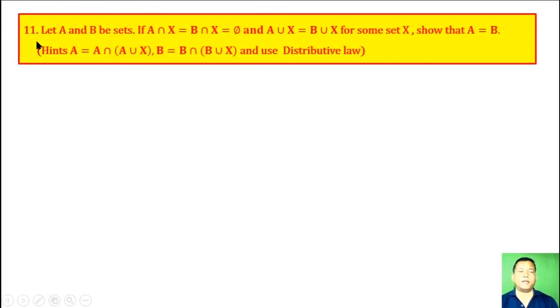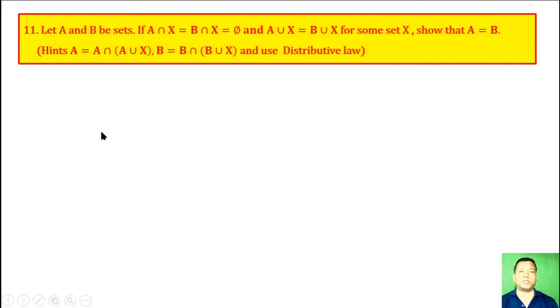Question number 11. Let A and B be sets. If A intersection X equals B intersection X equals phi, and A union X equals B union X for some set X, show that A equals B. Hence, A equals A intersection (A union X), B equals B intersection (B union X).